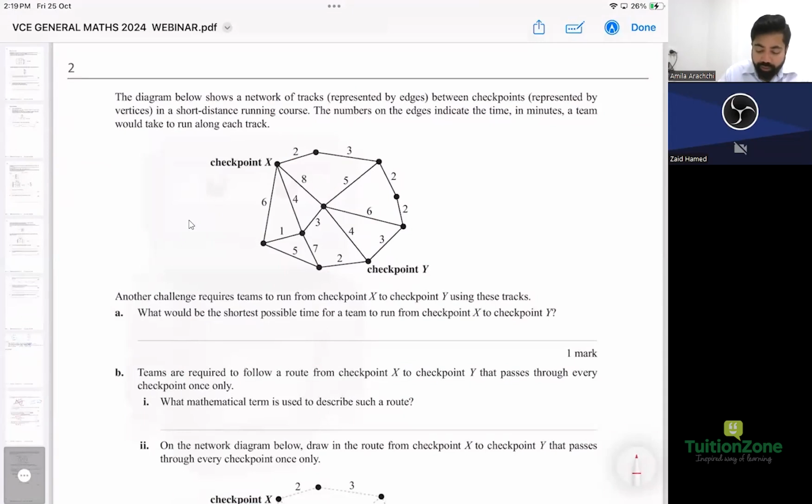So X to Y, shortest path. I'm waiting for the answer. You can work it out. You can put it in the chat, and if it is not right, I can tell you. Then you can try another one. So shortest from X to Y.